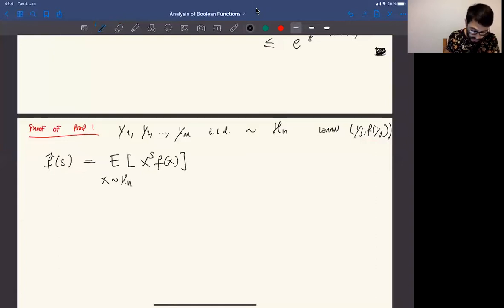But what I can do is I can compare that. Is that close to, say, just doing this average? Okay, and I could define this as f tilde of s.